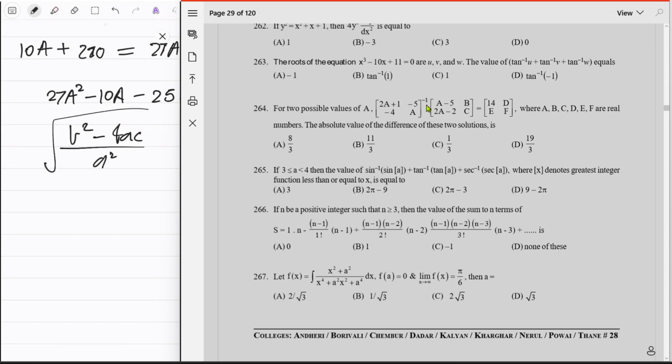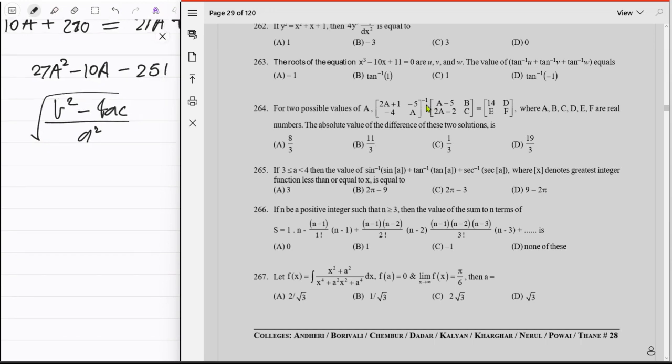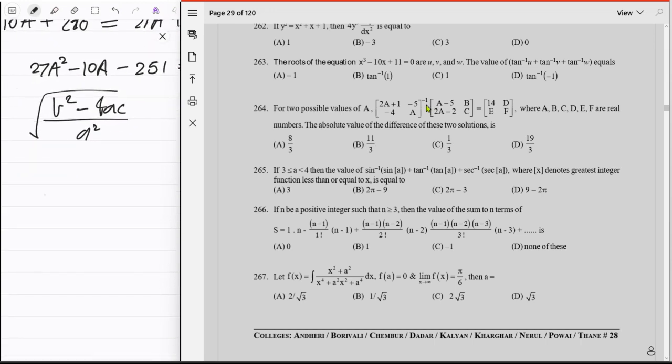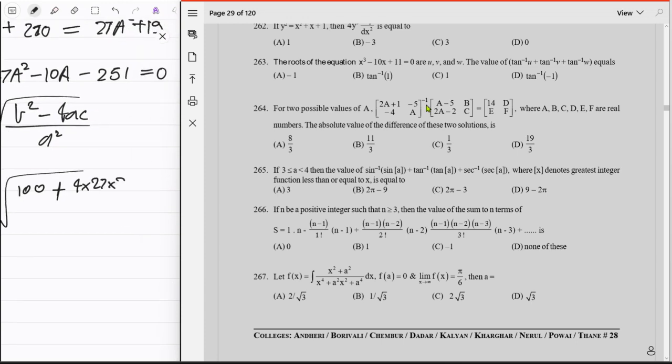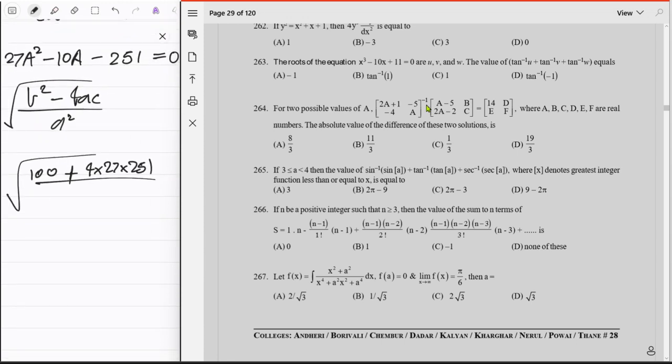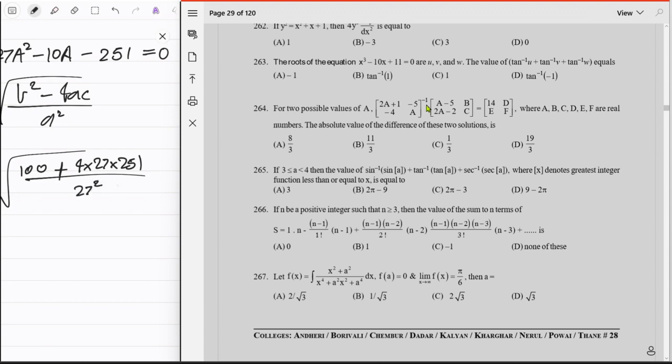So the square root of this thing, actually, yes that was the thing. So just figure this out. Square root of this was just 100 minus 4ac, so like plus 4 times of 27 times 251, this doesn't look good, upon a squared, 27 squared, right? Well, yeah.